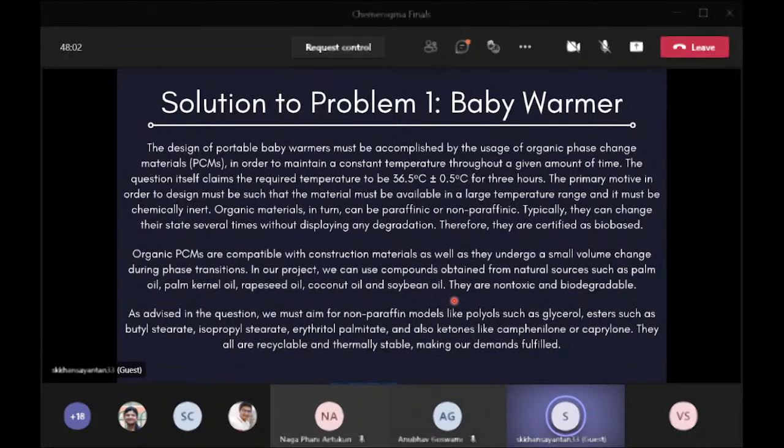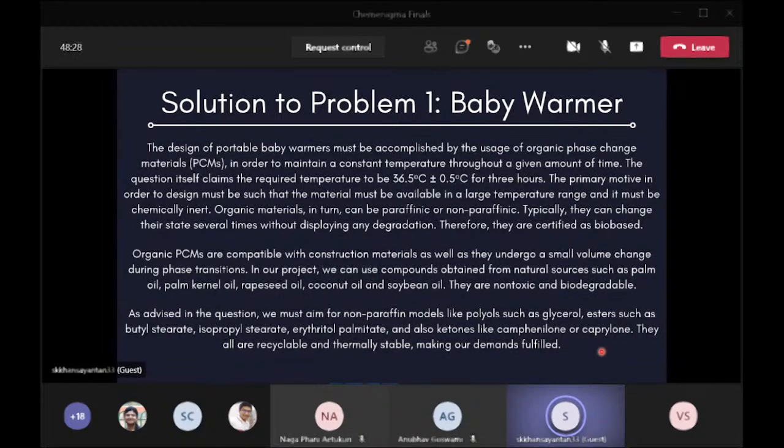Among the non-paraffin materials are polyols such as glycerol, esters such as butyl stearate, isopropyl stearate, and erythritol palmitate, and also ketones like capric ketone or caprylone. I think they are all recyclable and thermally stable. So that fulfills the requirement we want. So this is basically the solution to problem 1, the baby warmer.